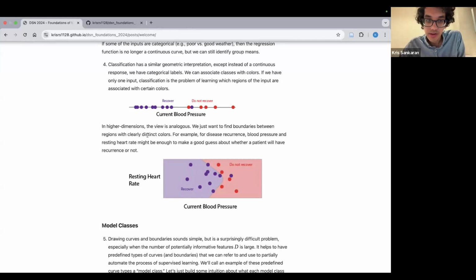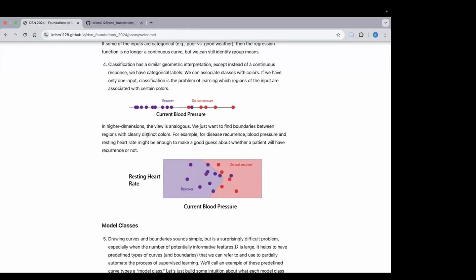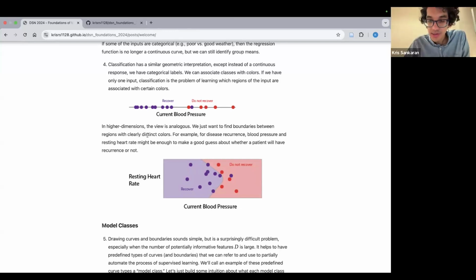Okay, so if I understand your question correctly, it's a question of how many variables you need in order to get good predictions. Is that the right way to think about it? Okay. So this is going to be context dependent, of course.